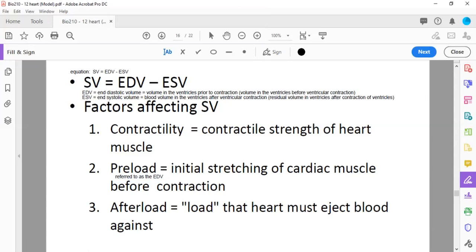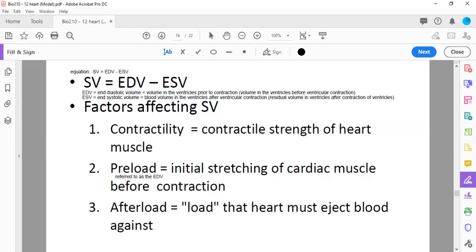And as you know, muscles can recoil. So when you stretch out the muscles, it recoils back, which means it's the initial pressure within the ventricles before contraction. So the preload is referred to as the EDV.